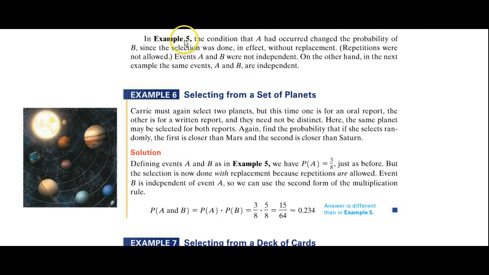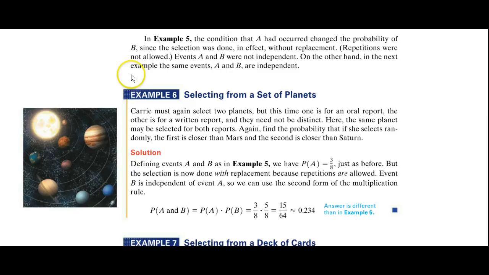And just reflecting on 5 for a moment, the condition that A occurred changed the probability of B, since once you selected one of the planets, Mercury, Venus, or Earth, without replacement, you've picked that one. So that one, you took it out of the possible selection. So repetitions were not allowed. So events A and B were not independent.